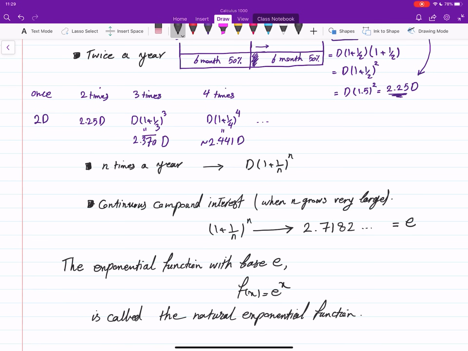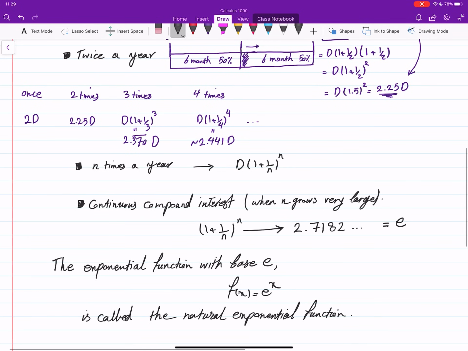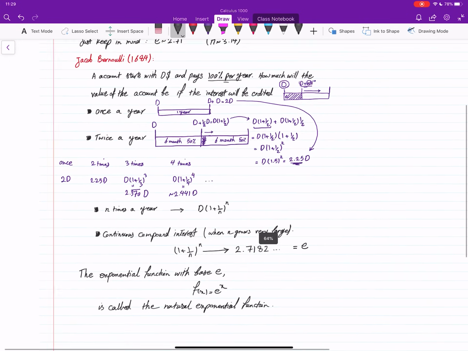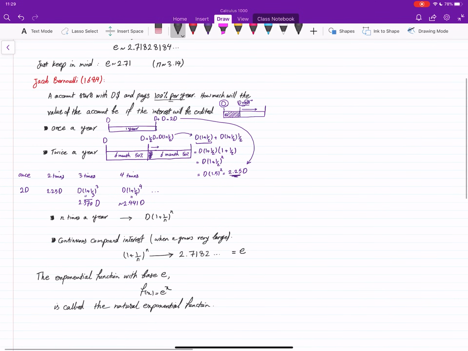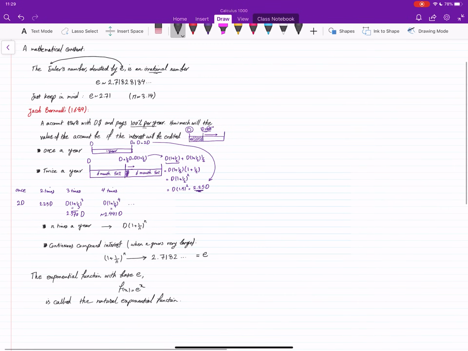It's the natural one. Well, as I said, this story is something very interesting, and what you need to remember from this video is what E is approximately, you know the value, and you know what the natural exponential function is.